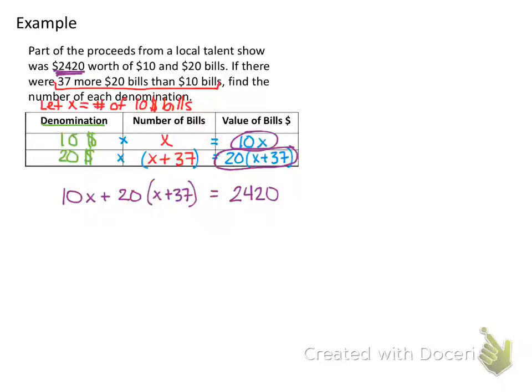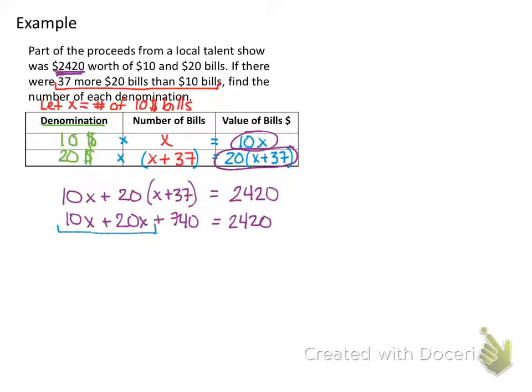So that's the equation that I'm going to write. Filling out a table is a great way to organize your information. So what we need to do is distribute. Now we get 10x plus 20x plus 20 times 37 is 740 equals 2,420.